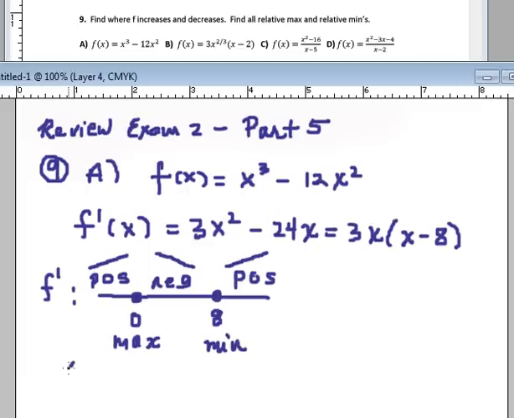And if we just find the corresponding y values, substitute into the original to get the maximum point that's on f of x. Okay, so we substitute in 0, and we have 0, 0 here is a relative max. And if we substitute 8, we have 8 cubed minus 12 times 8 squared.